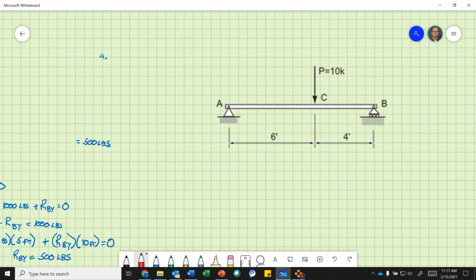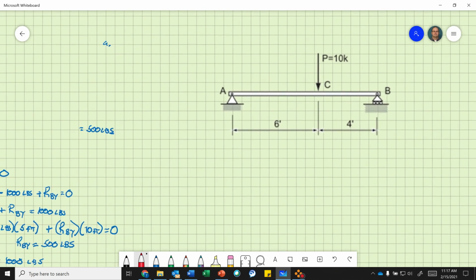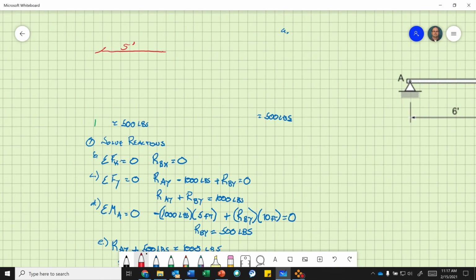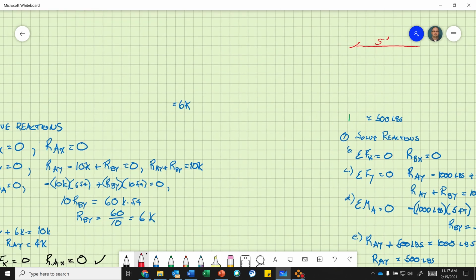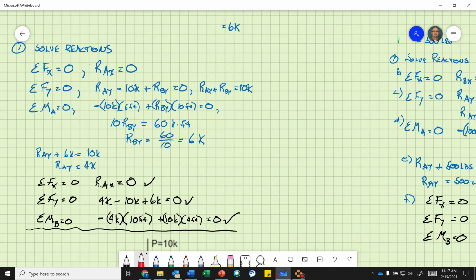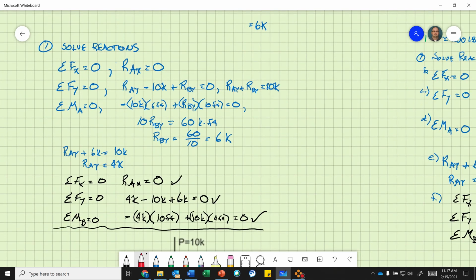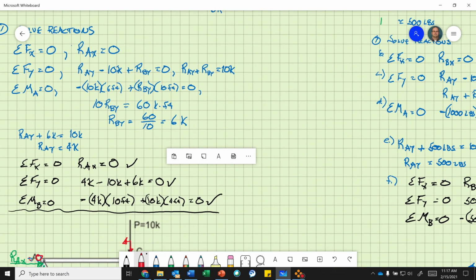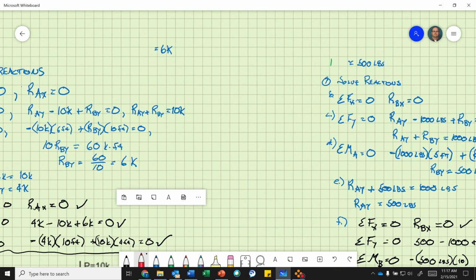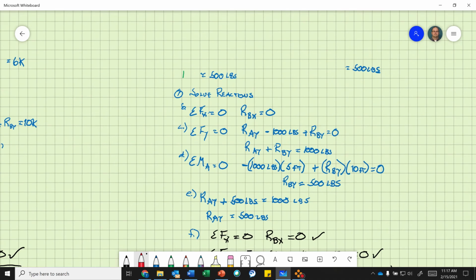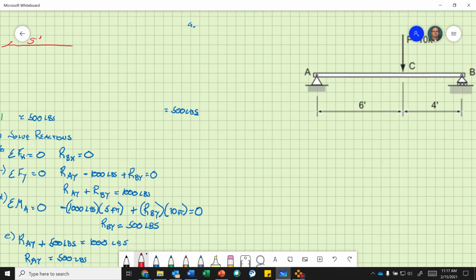So step one was find the reactions, A and B, right? So I solved those already. And those are over here somewhere. RAY is 4 kips, RBY is 6 kips. So you'll have to do this again, right? I don't need to do it because I already solved it.